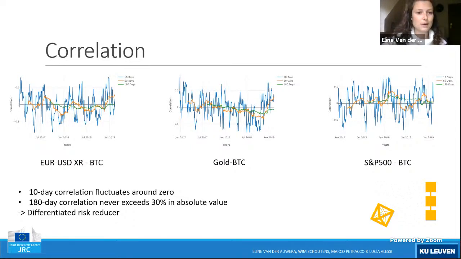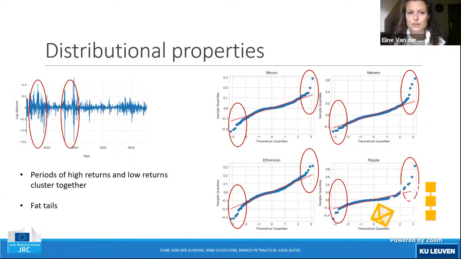Okay, now we will move to some of the distributional properties of Bitcoin. Let's first look at the figure on the left here. This is the time series of Bitcoin over time. As you can see, there are periods where large returns cluster together and smaller returns cluster together. This could be an indication that the log returns of Bitcoin exhibit volatility clustering.